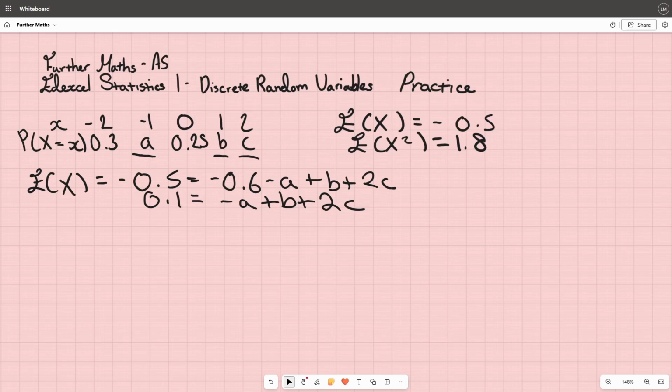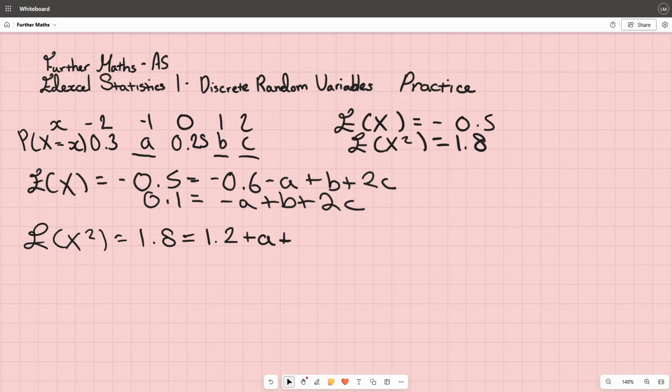And then we can do the expected value of x squared. And so we do the same thing. So 1.8 is equal to, so that's 4 times 0.3, so 1.2, plus a, because minus 1 squared. 0 doesn't matter still.